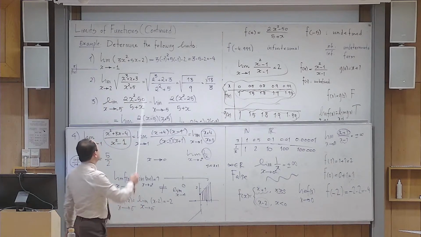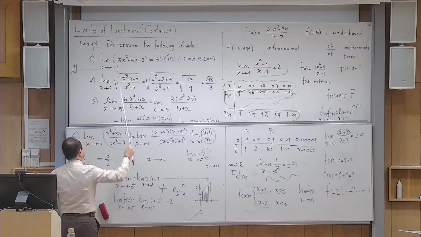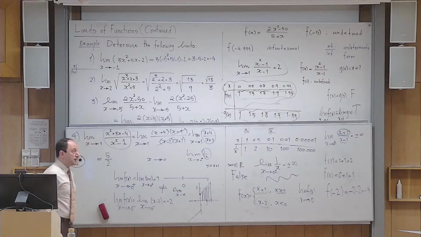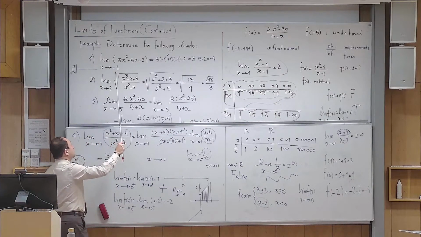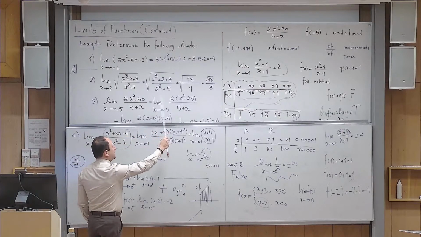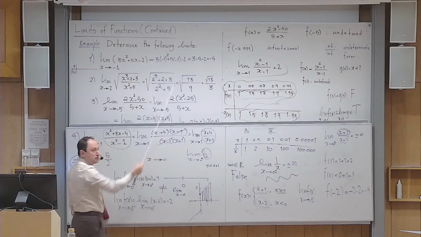Yes. So for this case, if x is exactly equal to -1, definitely you get -4. And if x is very close to -1, you get a value very close to -4. In this case, they are the same. And that is an indication of something.